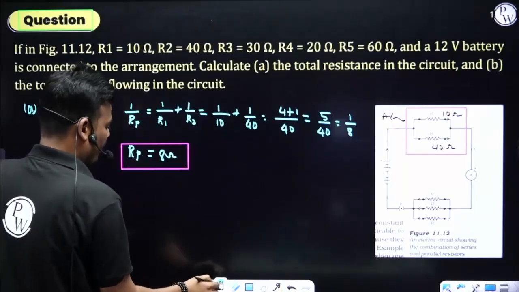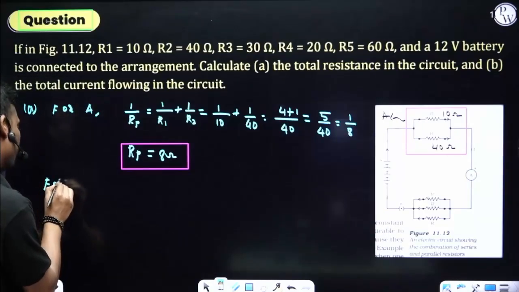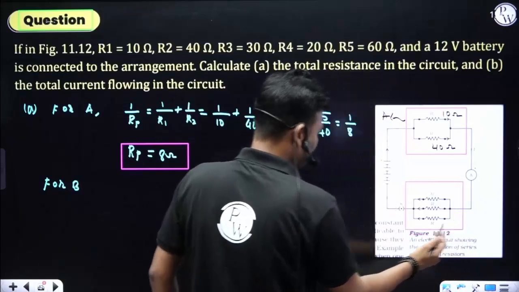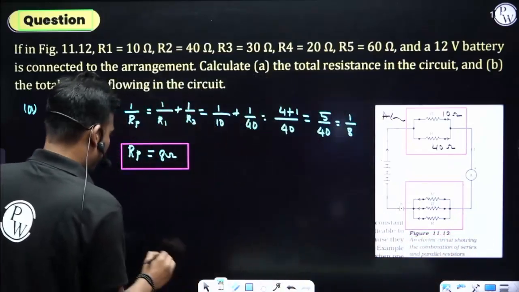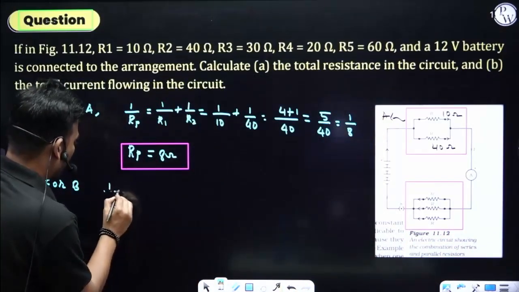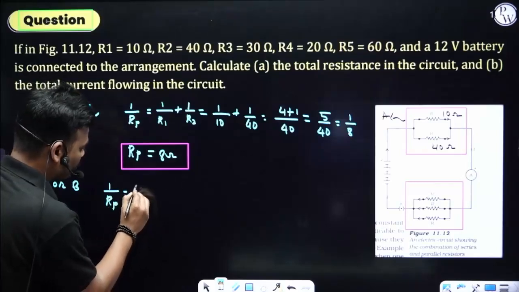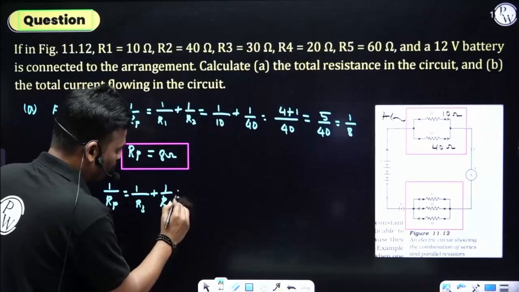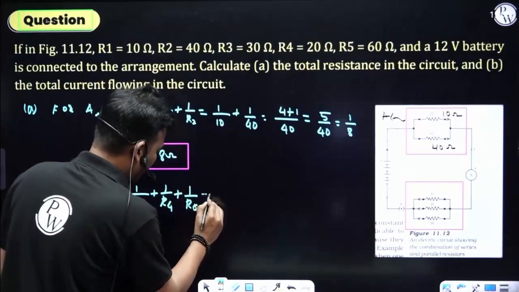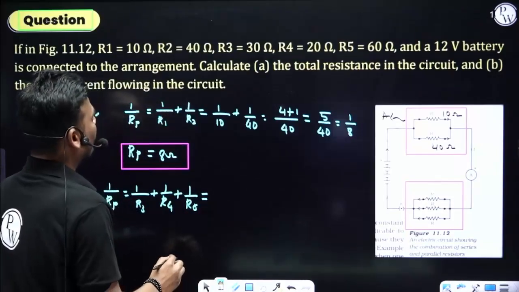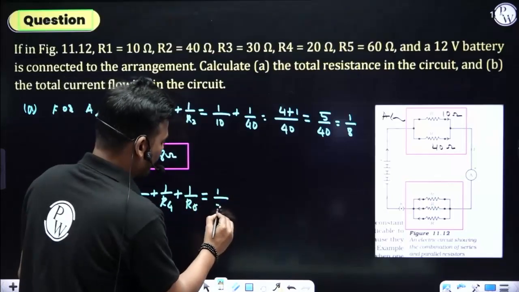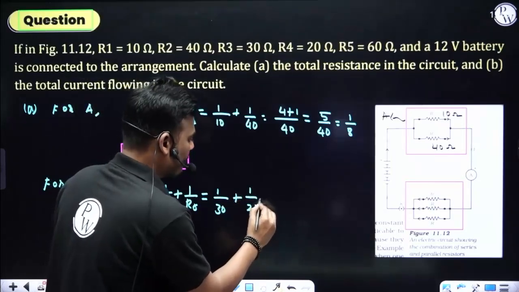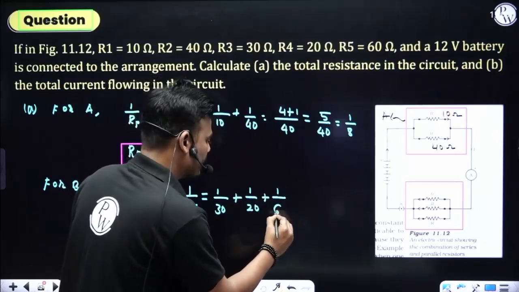Okay, second one, for B, it is also a parallel combination, you can see. So 1 divided by Rp equals 1 by R3 plus 1 by R4 plus 1 by R5. What is the value of 1 by R3? R3 value is 30, plus R4 20, plus R5 60, 1 by 60.